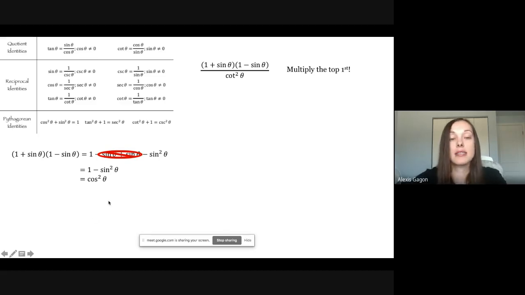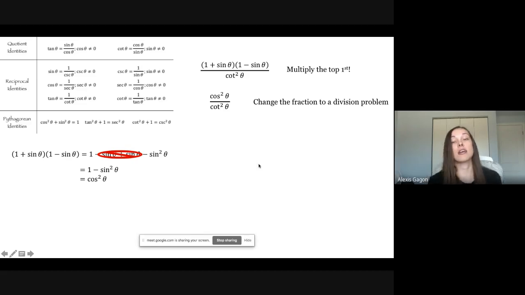That means this is the top of this fraction, so we have cosine squared of theta over cotangent squared of theta. Now, before I change this to all sines and cosines, I'm going to rewrite this fraction as a division problem. You can always rewrite fractions as division problems, and it helps me to see it like this.